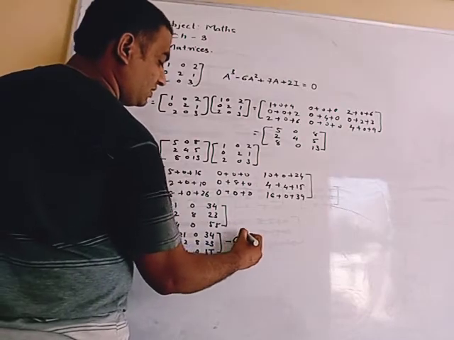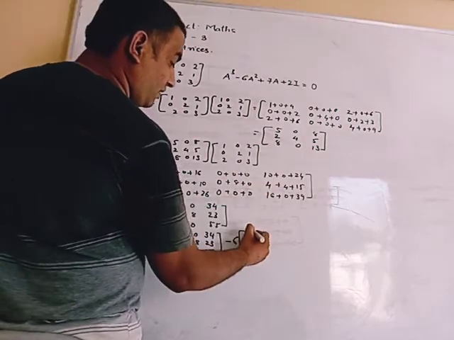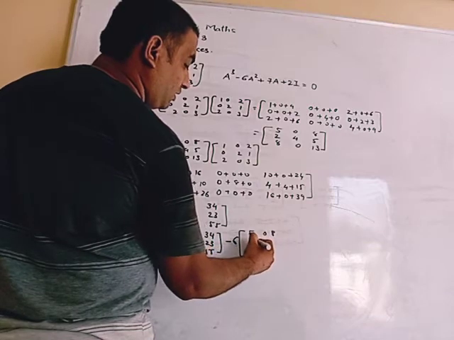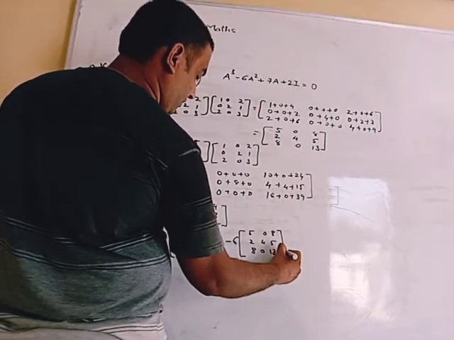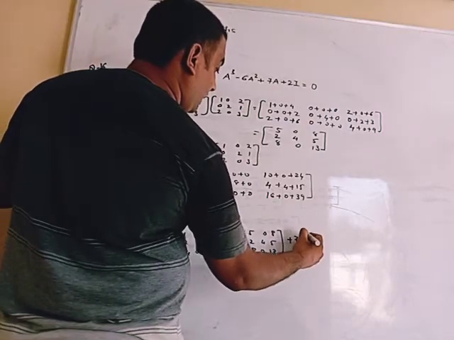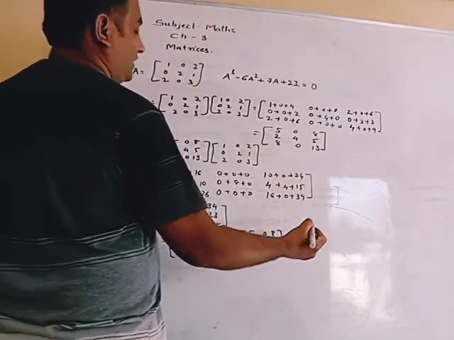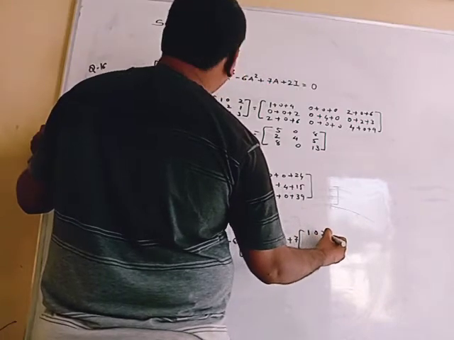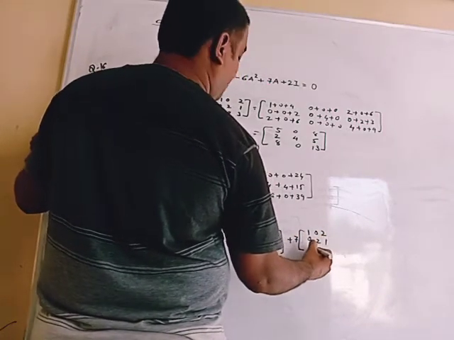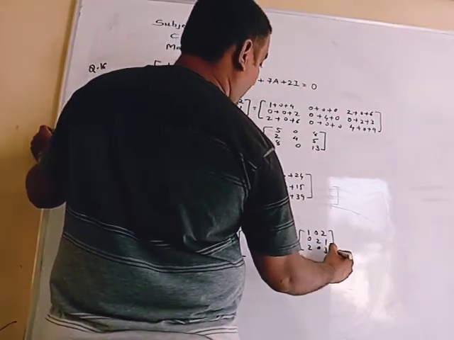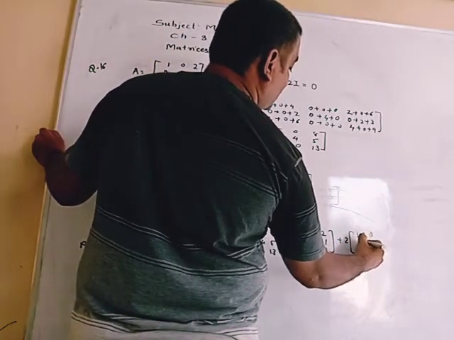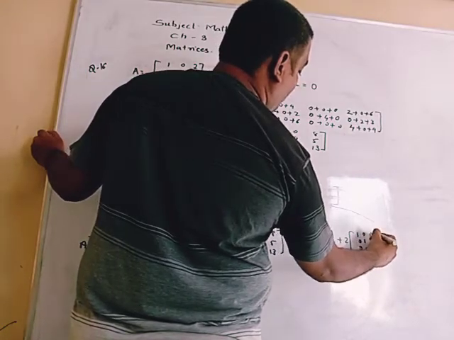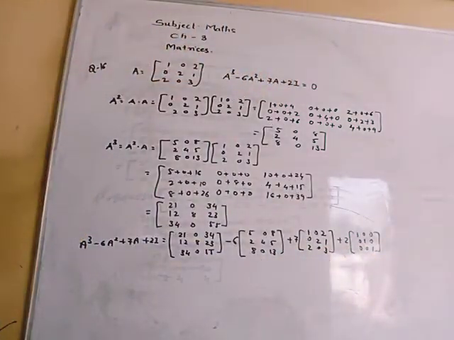So 6A square is 5 0 8, 2 4 5, 8 0 13, plus 7A, that is given 1 0 2, 0 2 1, 2 0 3, and plus 2I means 2 into 1 0 0, 0 1 0, 0 0 1.